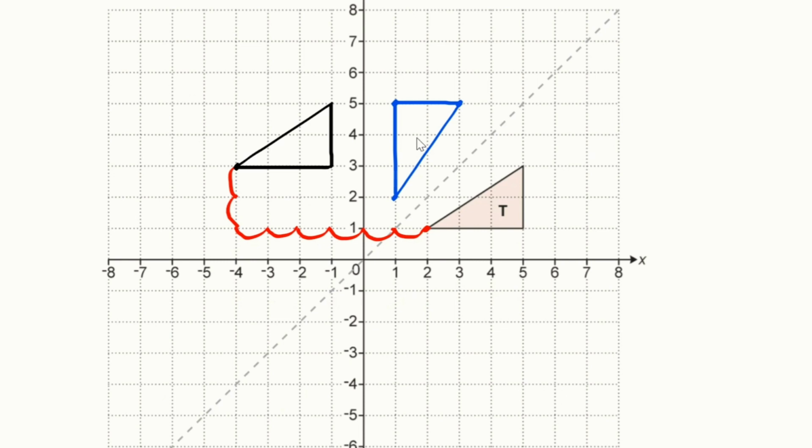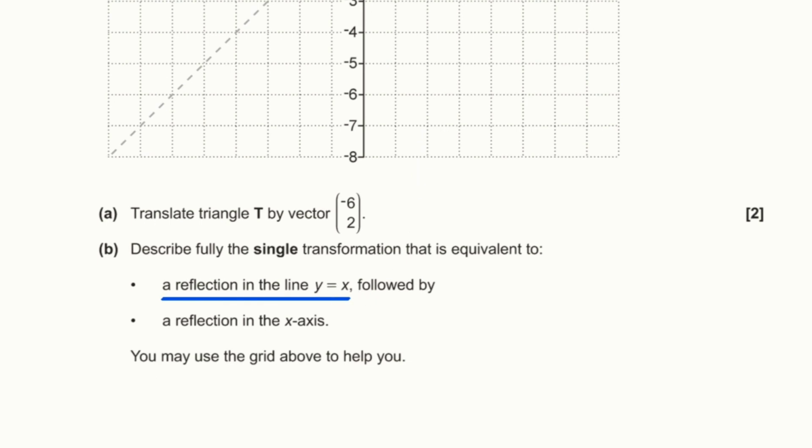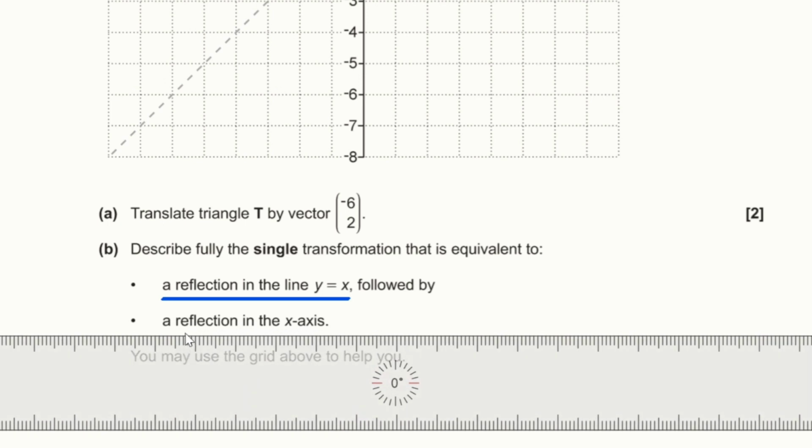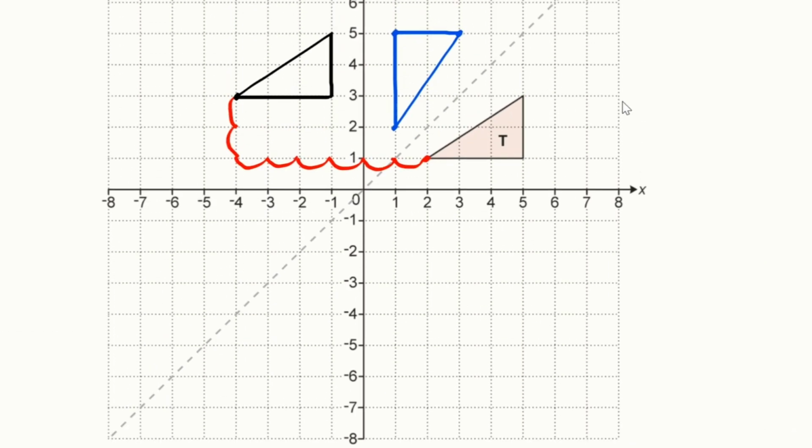Well, here is a reflection in the line y equals x, and then I reflect the graph in the x-axis. So if I reflect in the x-axis, here is the x-axis, what we'd end up with is the shape over here.